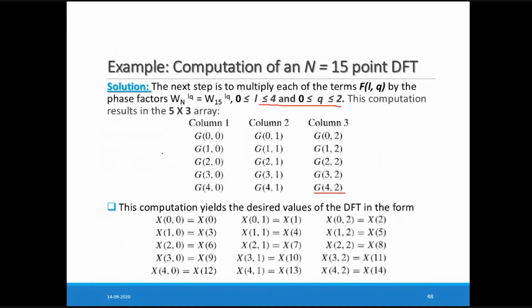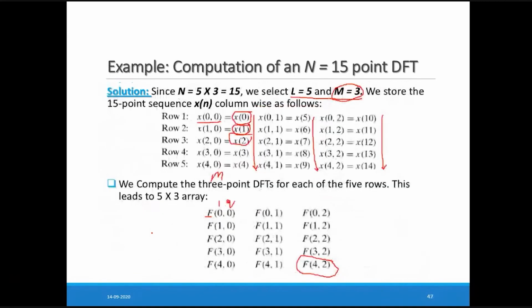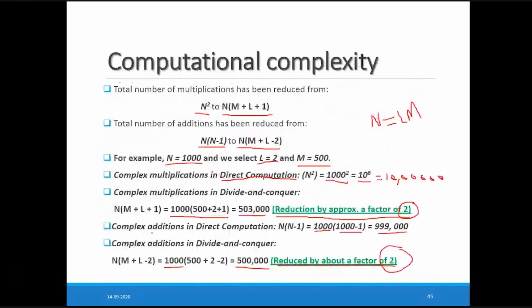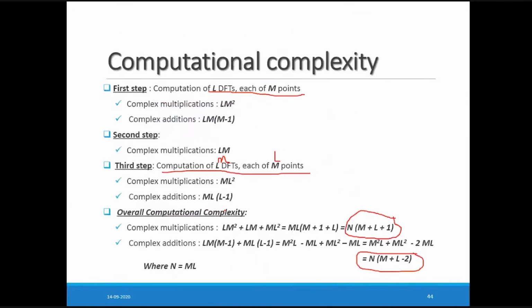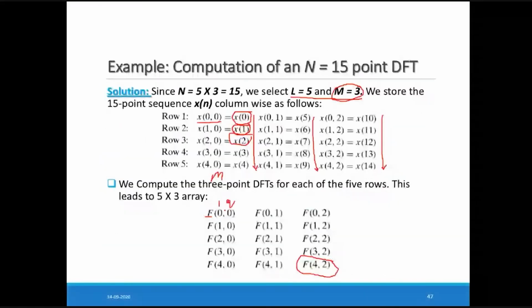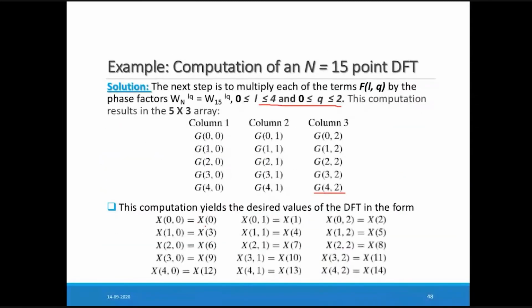Now the last step: this computation yields the desired values of the DFT in the form. At the last, we take the summation of all this from l equal to 0 to L minus 1 to get the L-point DFTs. You apply this computation, and it will give you the L-point DFT x(0,0) to x(4,2).